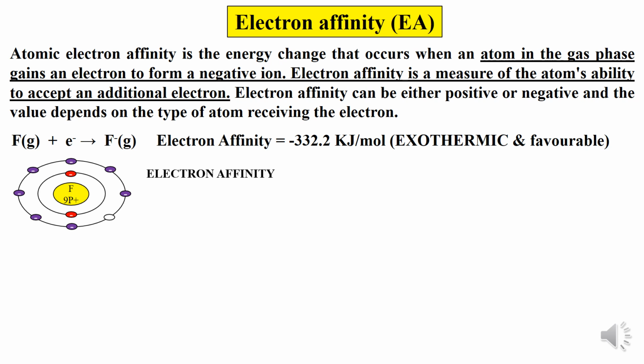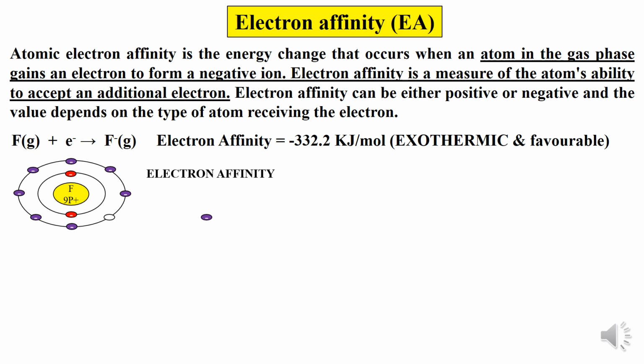The positively charged protons attract the negatively charged electrons. Fluorine has a total of 9 positively charged protons in the nucleus. It attracts the negatively charged electron to complete the octet, and the incoming electron occupies the outermost shell.